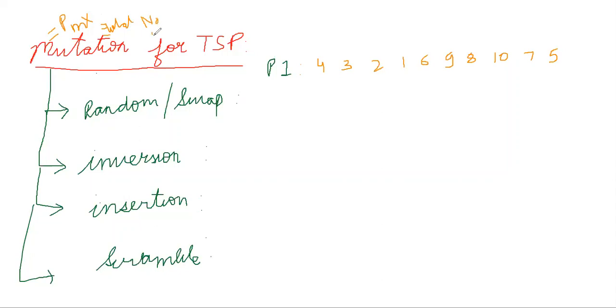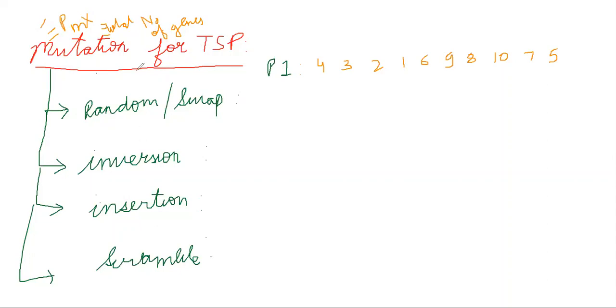And how do we calculate the total number of genes? That is nothing but the number of elements in one chromosome into the size of the population. Okay, this is the general method. But if your population size is large enough, then it would be too many bits to be mutated.